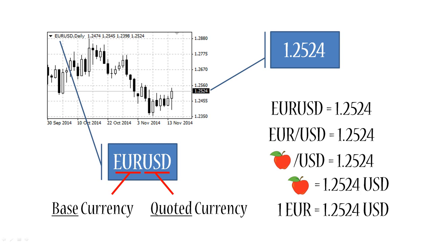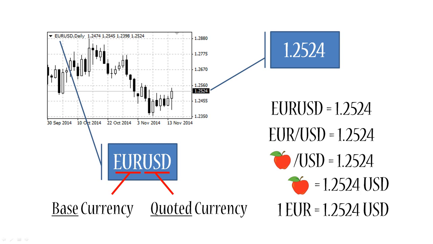And now if we go back to the euro, we can quickly understand that the chart in fact represents the price of one single euro in terms of US dollars. So this means that at the point in time when the snapshot was taken, for 1 euro you would get 1.2524 US dollars. And conversely, to buy 1 euro, you would need 1.2524 US dollars. And this principle applies to any currency pair.